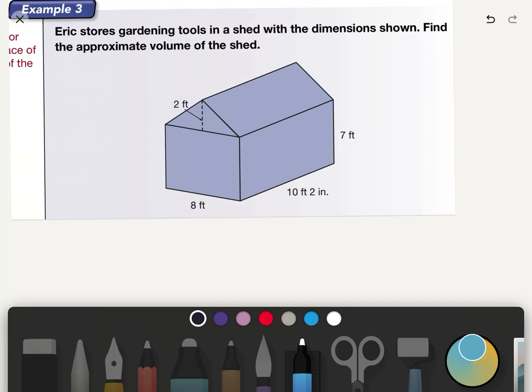Example 3. Eric stores gardening tools in a shed with the dimensions shown. Find the approximate volume of the shed. All right, well, this is going to be a couple steps here. First thing we've got is our roof to figure out, which is a triangular prism.